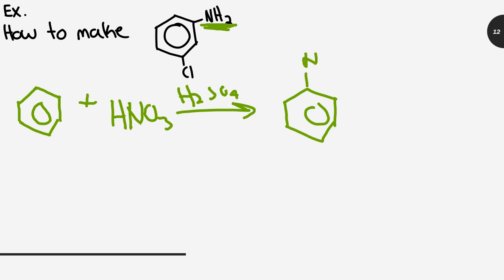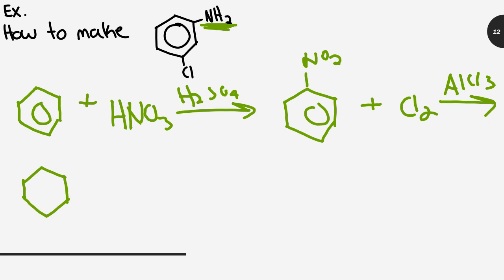And then I can have halogenation. Nitro group is a meta director, so I'll end up with Cl in the meta position. And then I know I can reduce that nitro group to the group I want. So I'll reduce using tin and HCl.